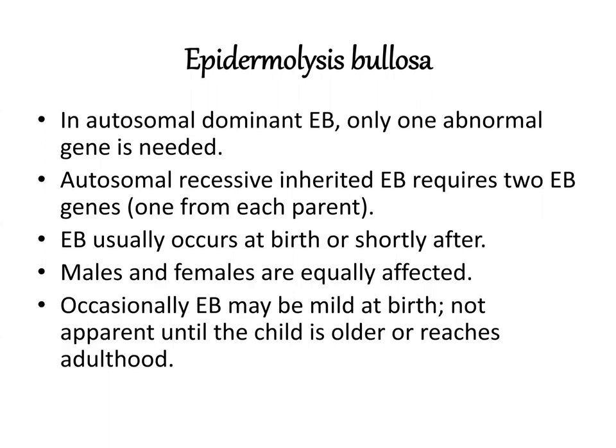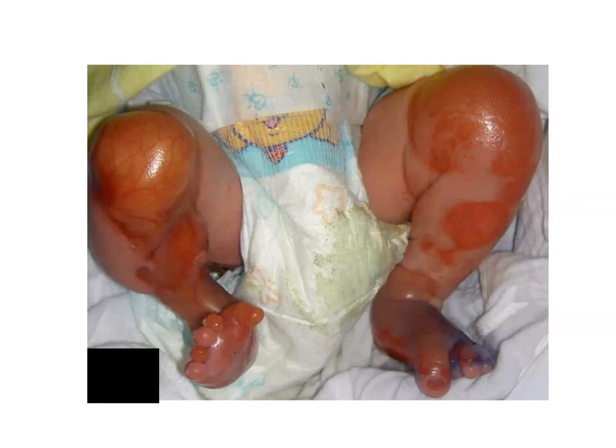Usually, epidermolysis bullosa blistering is seen early in life, just after birth or in the neonatal period. But there are occasions where the disease may take years to appear. Males and females are equally affected because it is inherited as autosomal dominant or recessive, not sex-linked.